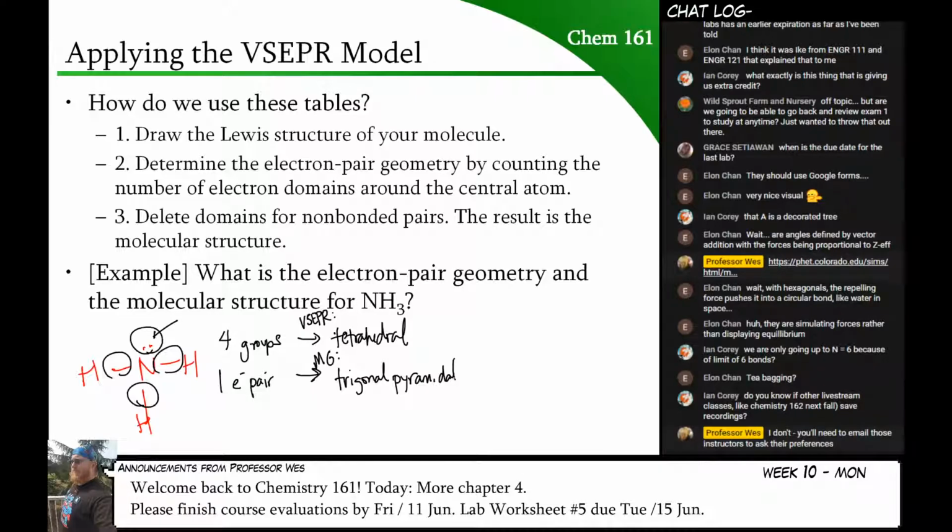And so now that I know that, I can draw my molecule in the correct shape so that it looks trigonal pyramidal. So that's what ammonia looks like. All the H's are kind of pushed away from the electron pair, and they're not flat in the same plane.